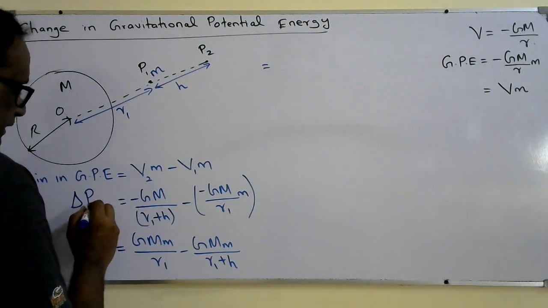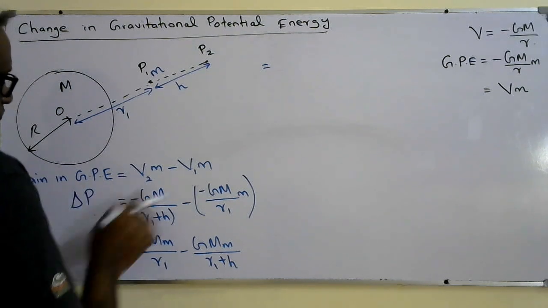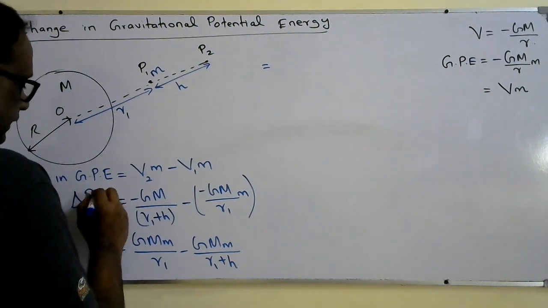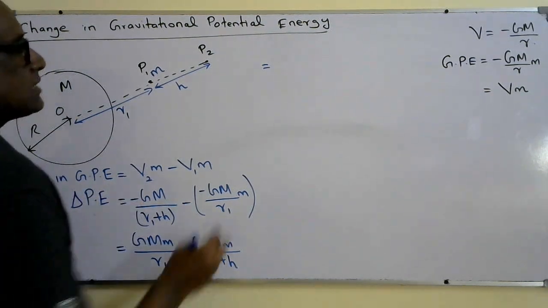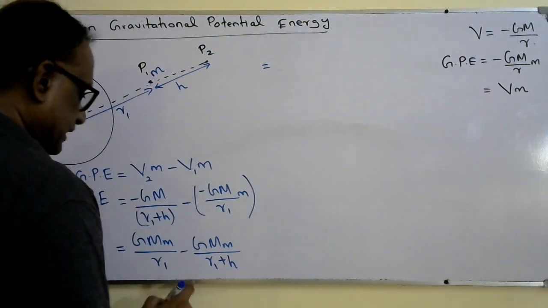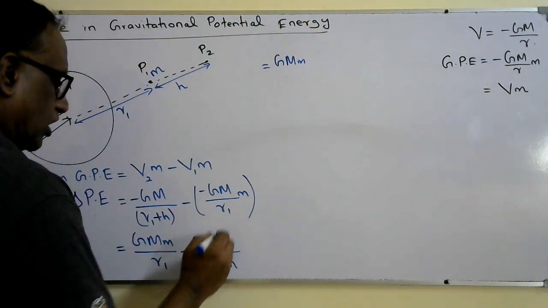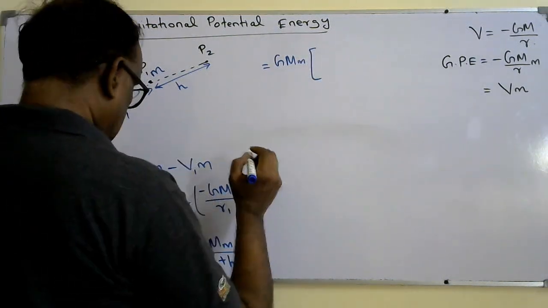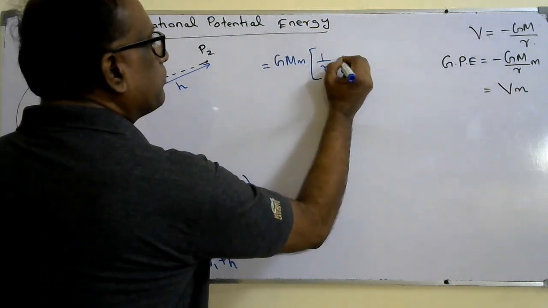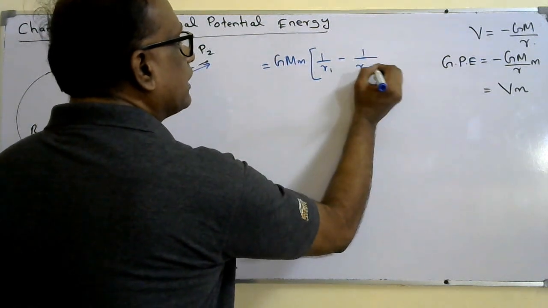Solve it: GMm, you can take common within the bracket, 1 over R1 minus 1 over R1 plus h.